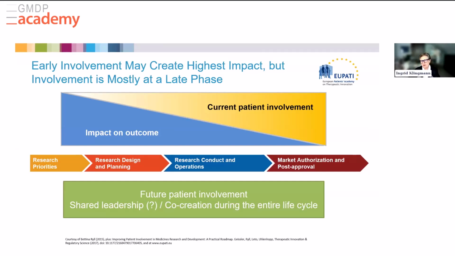And more now also on the result reporting. So you are probably all familiar with this process of the medicine's development process, but we need to figure out what we can do to make the impact of patient involvement as relevant as possible.